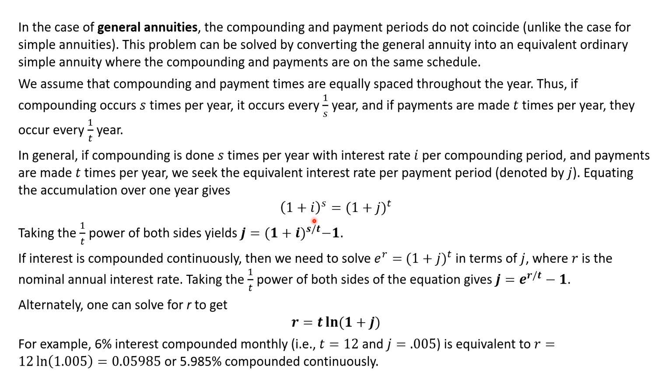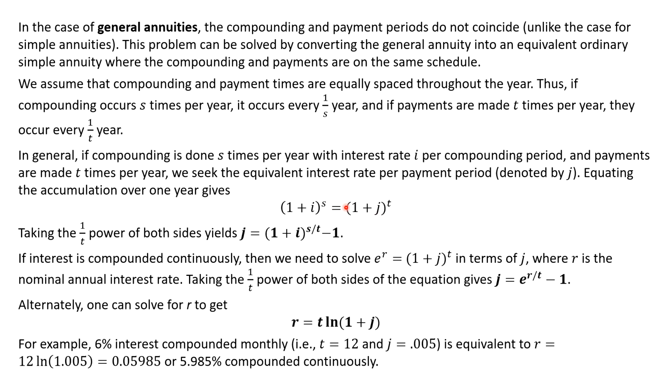So this is what we get with the S compoundings per year. We want to know if we do it T compoundings per year, what's this J here that would give us an equivalent payout over the course of a year. So the hard part is realizing this is the equation we want to work with.